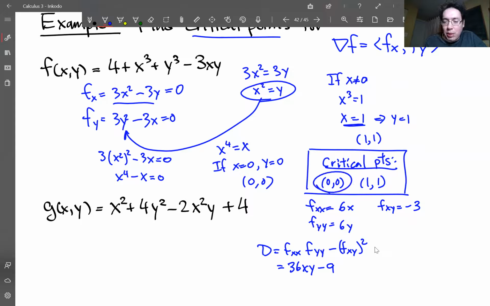We have two critical points, so let's look at 0, 0. If I plug in 0 for x and y, I'll get a negative number. Okay, so this means that this is a saddle point.